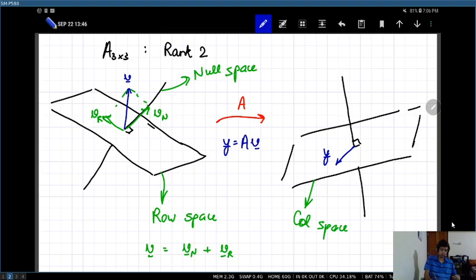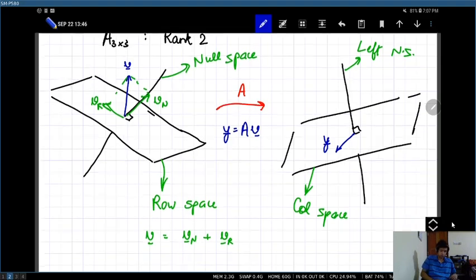And the left null space is going to be the orthogonal complement of the column space, which is going to be a line passing through the origin and perpendicular to the column space. So this is going to be the left null space, right? So y is A times V, and obviously y has to lie in the column space, so y will lie on this plane, right?